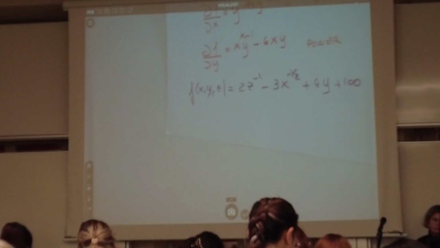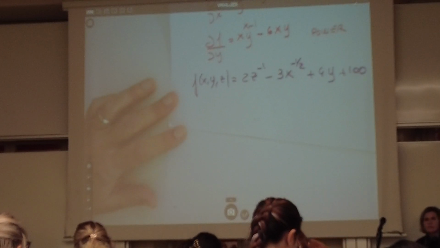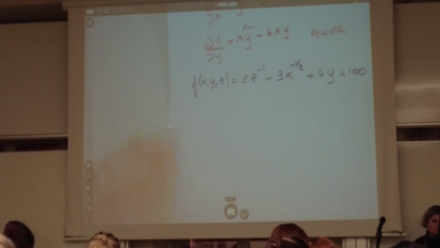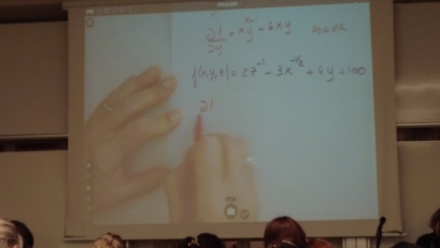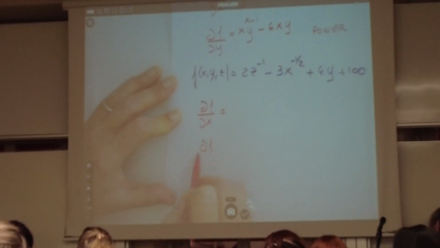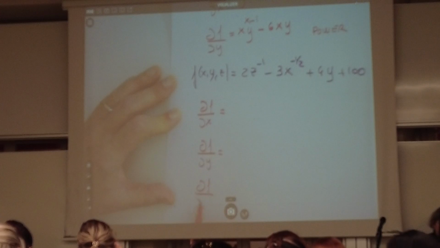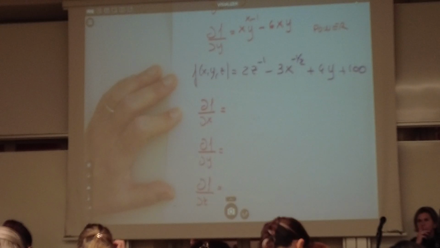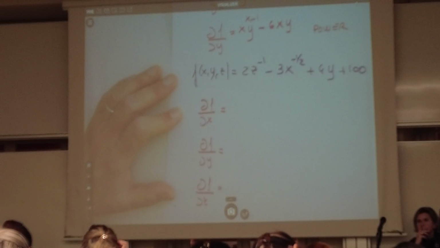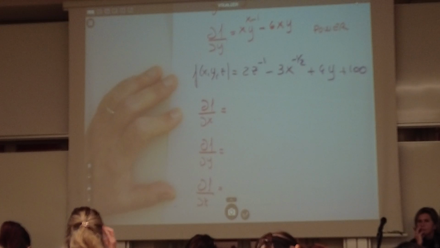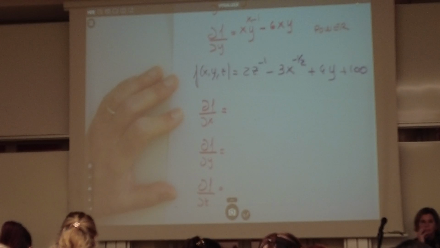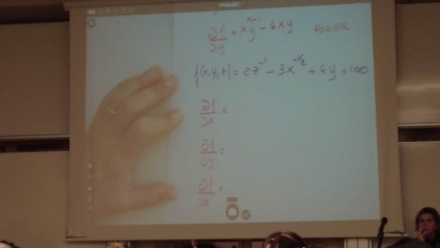Can you write the derivatives with respect to x, with respect to y, and with respect to z.